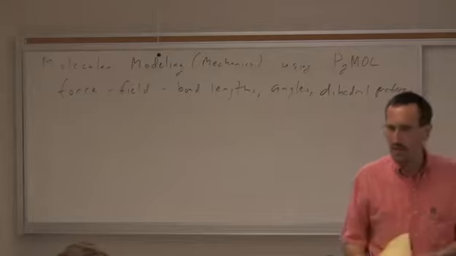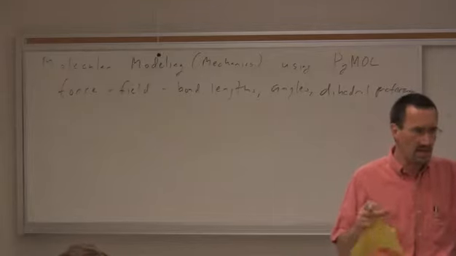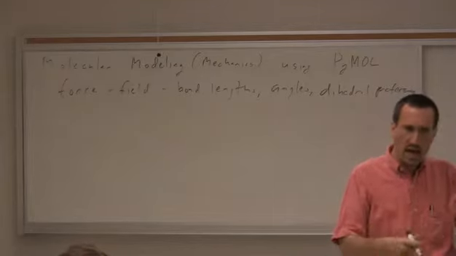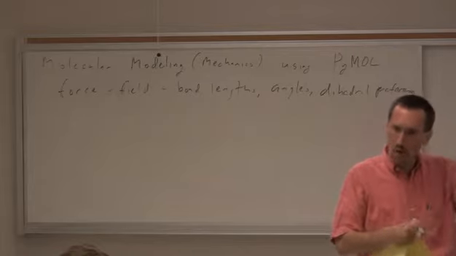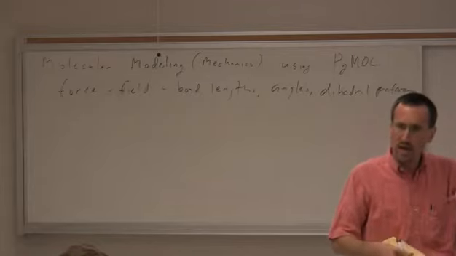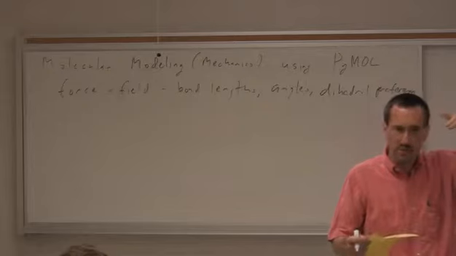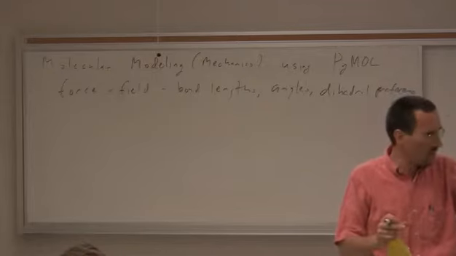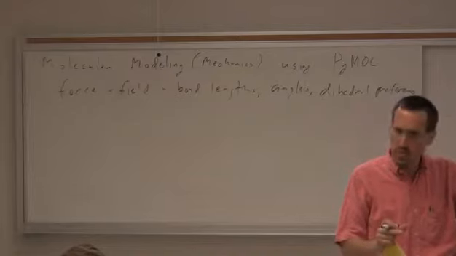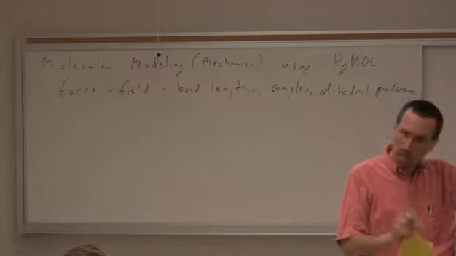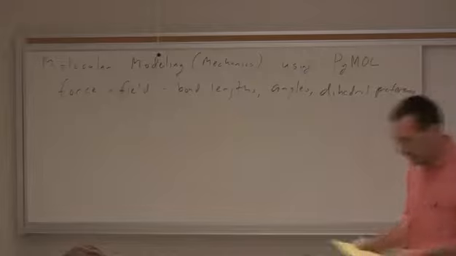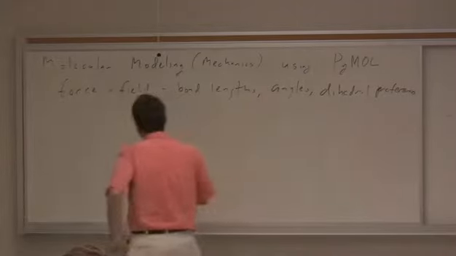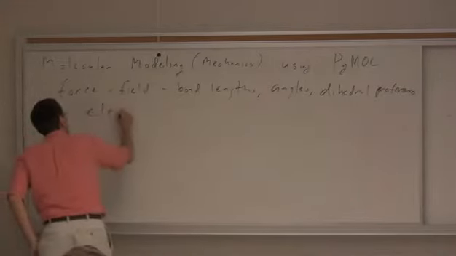Right from the beginning of sophomore organic chemistry, you learned that ethane wants to be staggered, and if it's eclipsed, you go up a sinusoidal curve and pay an energy price of about 3 kilocalories per mole for being eclipsed. And if you're a little bit off of an optimal 60-degree angle, you pay a little bit of an energetic price.